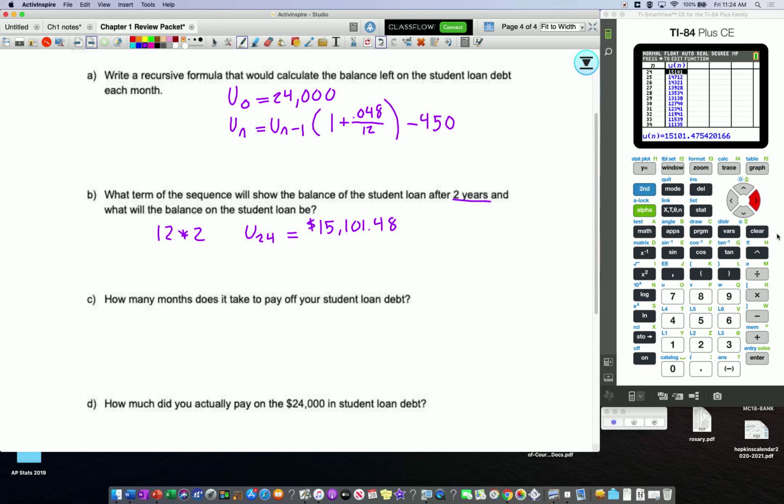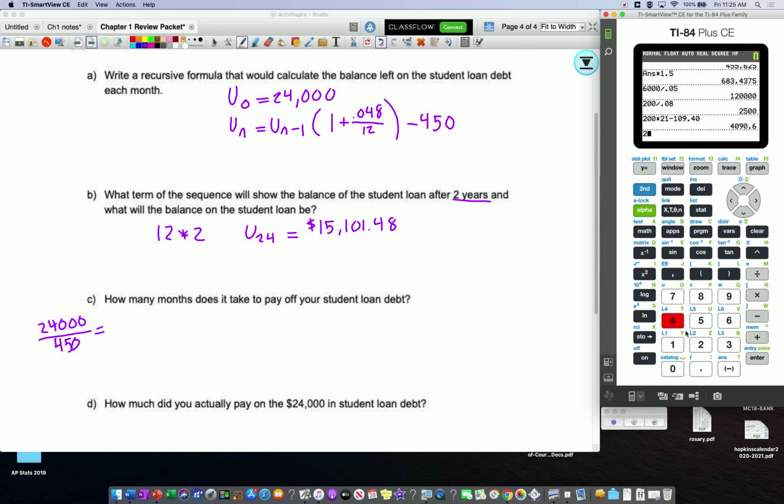Okay. Some of the tricks that I'll do is, say if they didn't charge any interest at all, I took 24,000 and divided it by 450. Okay. So I'm going to kind of do a little trick here. 24,000 divided by 450. No interest whatsoever. It takes 53 months.